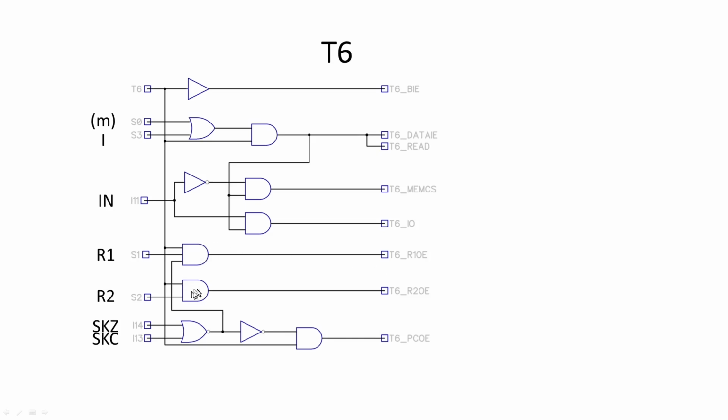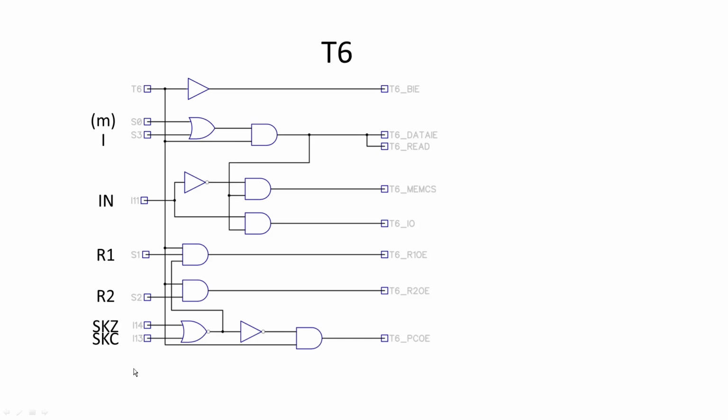This bit could have been put onto R2, but I'll explain why it's not in a moment. So if we're using either of those, we invert it again. So if skip if 0 or skip if carry, then move the program counter output into the B register. Because what we're going to do is add 2 to the program counter to do the skip, or add a 0 if it's not true.